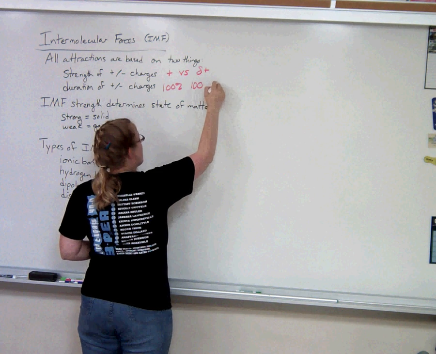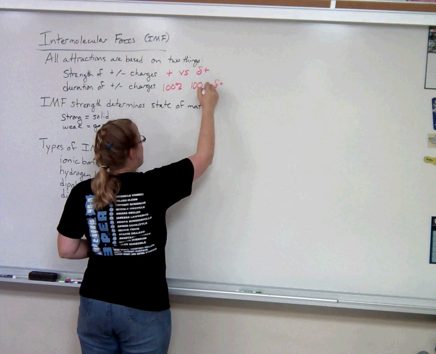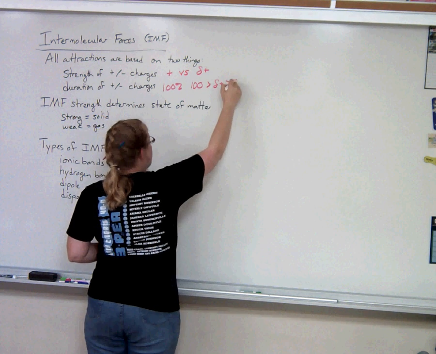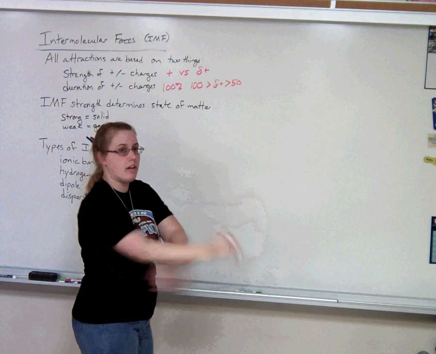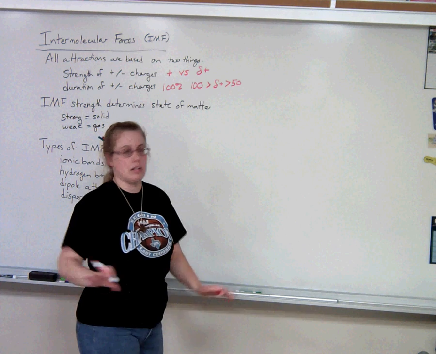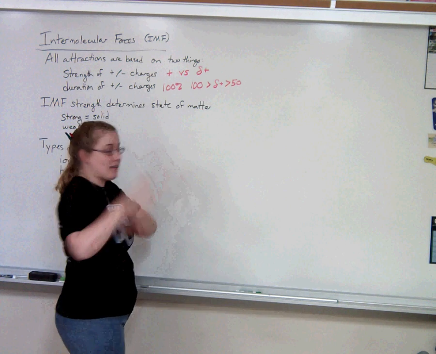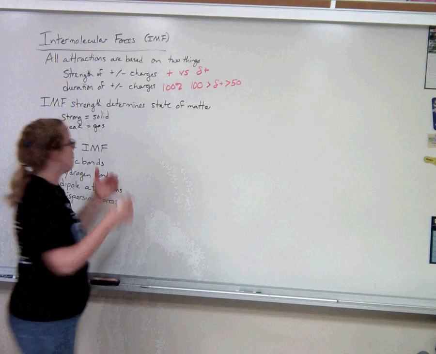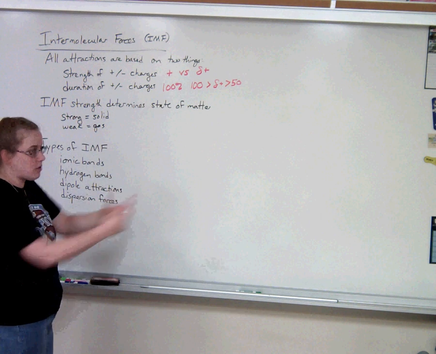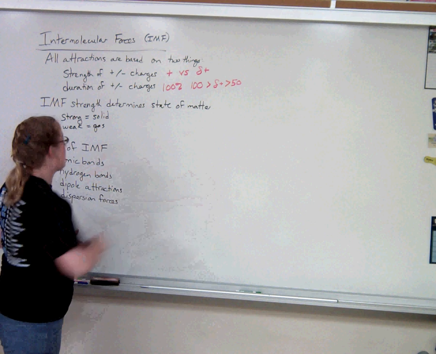So the delta positive is less than 100, but greater than 50. If it's 50-50 sharing, then it's not getting a delta negative or delta positive at all. But if it's somewhere between 50 and 100, then it's getting a delta that's partially positive. So how long does the electron spend with the atom versus spend with the other atom?